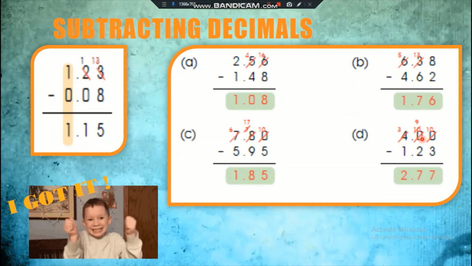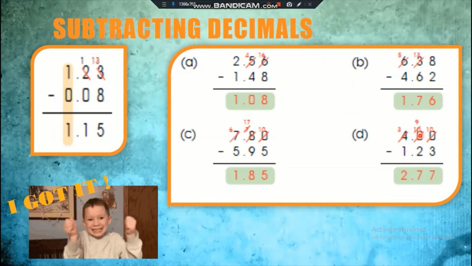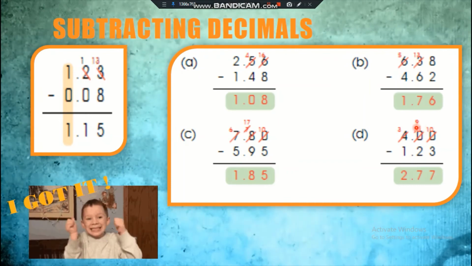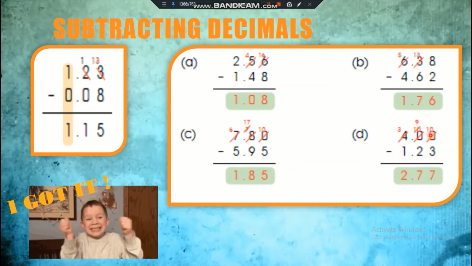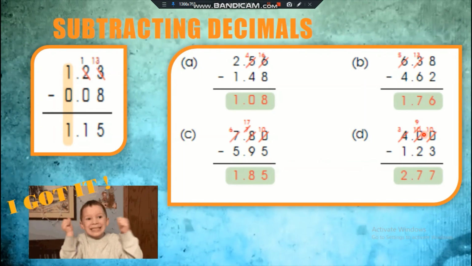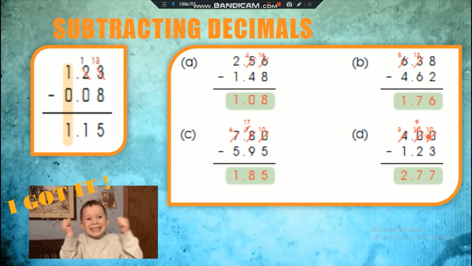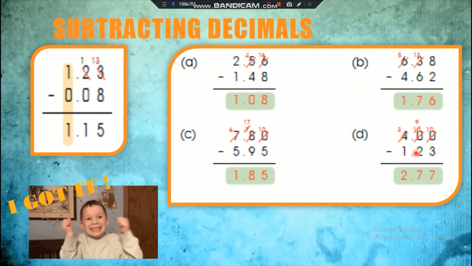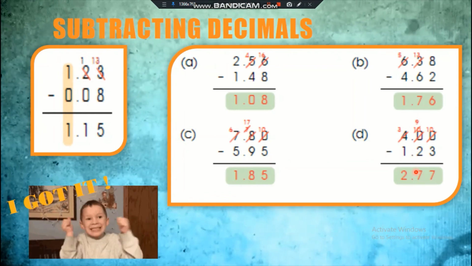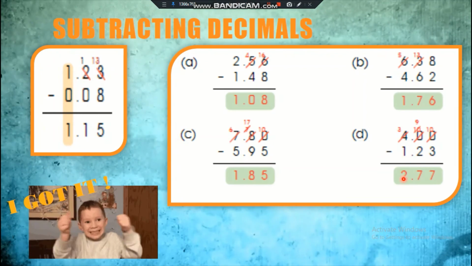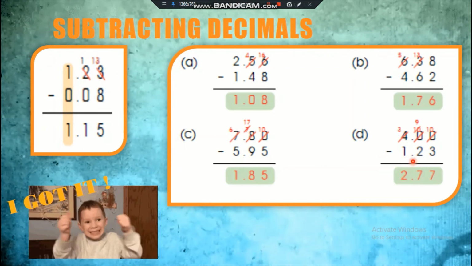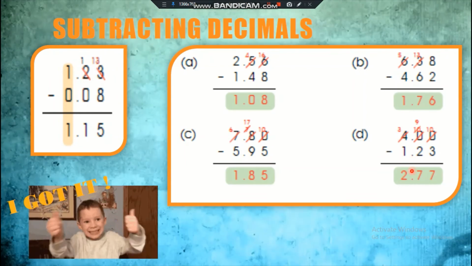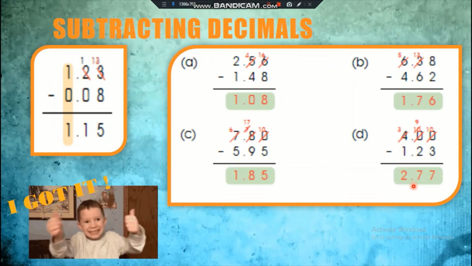Makes 10, right, over here? I will borrow 1 from this 10. 9 remains over here. I borrowed 1 from here. Now this has become 10. 10 minus 3 is 7. 9 minus 2 is 7. 3 minus 1 is 2. Before how many digits do I have the decimal point? 2 digits before. So 2 digits before I add the decimal point.